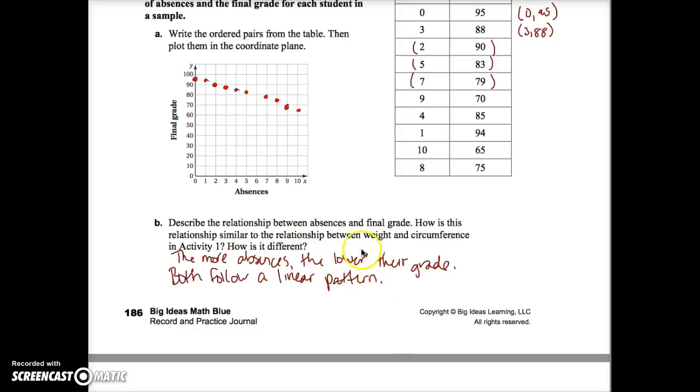And then how are they different? Well, notice with the one in activity 1, your graph went up and to the right. This one's going down and to the right. So this is a negative relationship. Unlike number 1. It was positive. Okay, and you can see your graphs going 2 different ways.